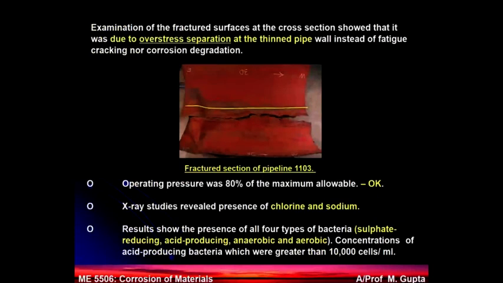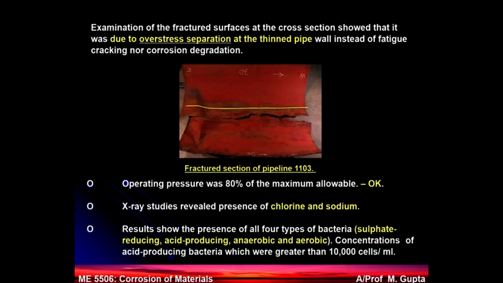So basically, when the effective thickness of the pipe is reduced, no matter at what location, and you pass these liquids or gases through certain pressure, the stress in that part will increase. And when the stress increases, it blows off. And that's exactly what happened.